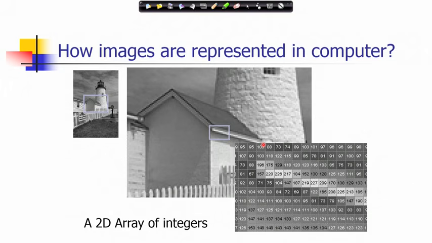That array size will be the width and height of the image. For example, for this image, the width is 256, which means there are 256 points along its width, and the height is 384. There are 384 points along its height.